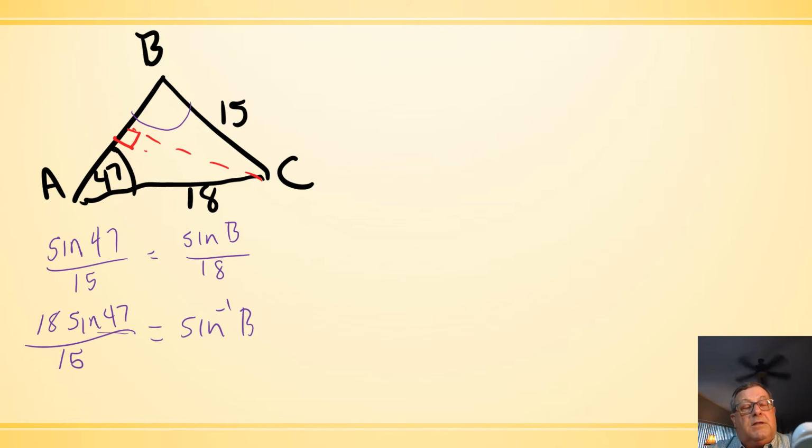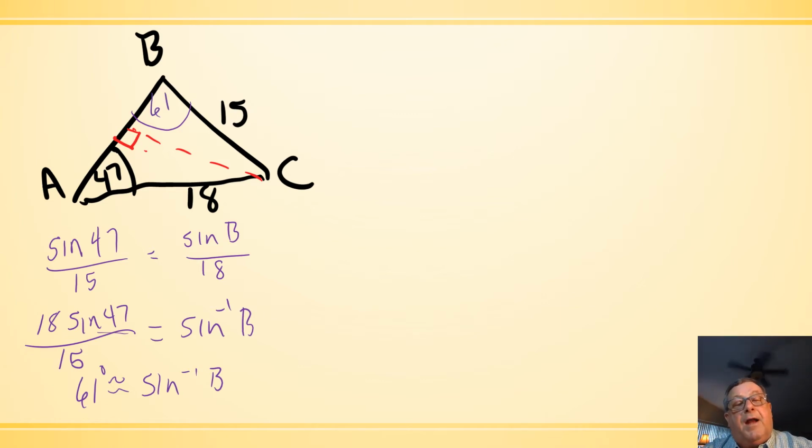Calculating the inverse sine of 18 times the sine of 47 divided by 15, rounded to the nearest degree, 61 degrees is approximately the measure of angle B if it is acute.